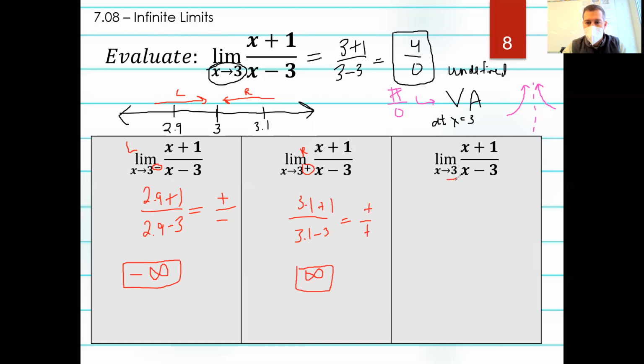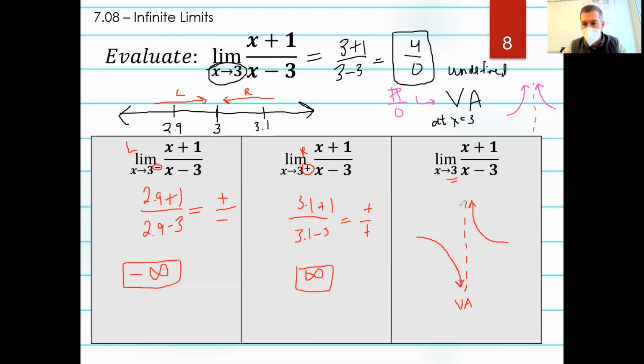Now when we talk about two-sided limits, remember that they just tell us: do our limits agree? So we have a vertical asymptote. From the left, we said that as it got very close, it went very far down. From the right, it's going up to positive infinity.